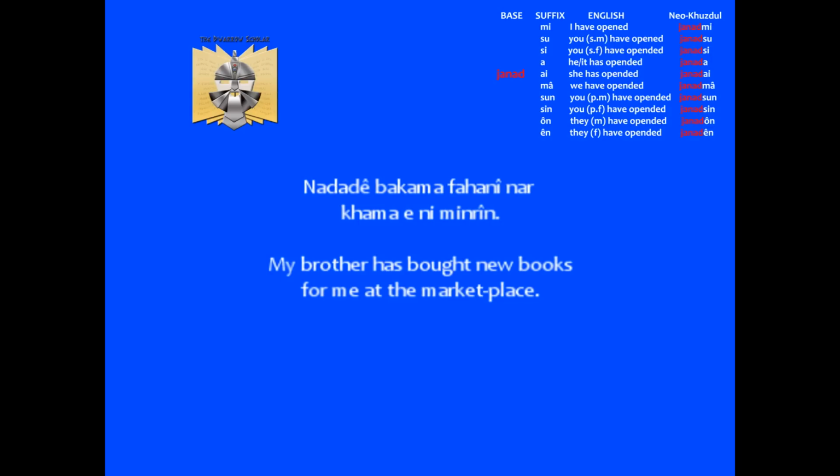Ni is a word used for at or into or in. The word for market is manar. If we wish to say marketplace, it becomes minrin. Notice that, as always, the radicals in this case, m and r, do not change. In is a common suffix used for location, but more on that in future lessons.